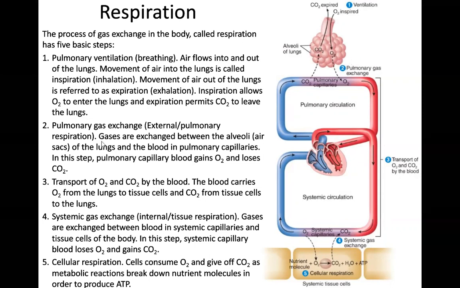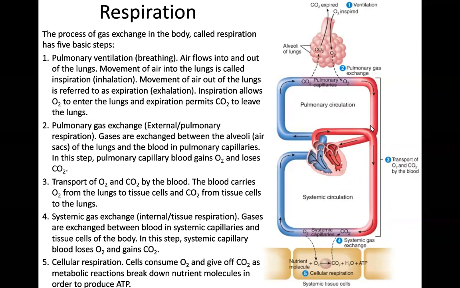What I just described was what we call pulmonary gas exchange or external/pulmonary respiration, where gases are exchanged between the alveoli, air sacs of the lungs, and the blood in the pulmonary capillaries. In this step, the pulmonary capillary blood gains O2 and it loses CO2.